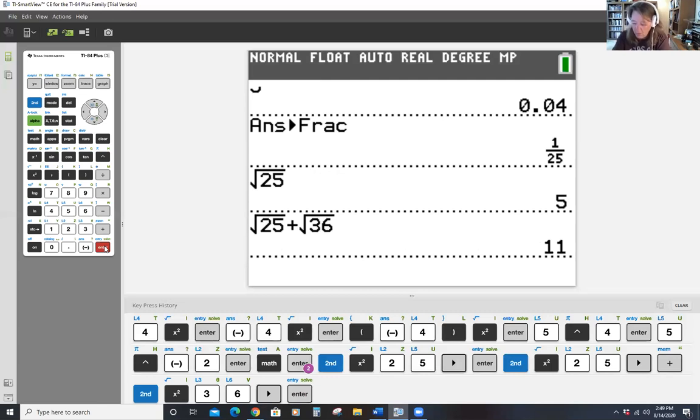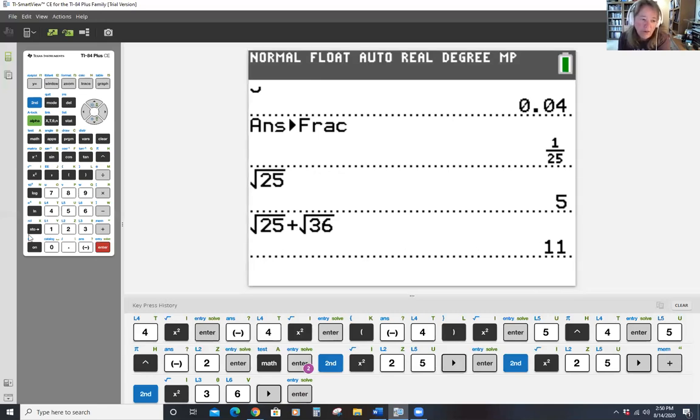So it's a little more complex if you want to do different roots. Let's suppose, if you look on your paper, do you see where it says the cube root of 8? Hopefully everybody already knows that's 2 times 2 times 2. But let's suppose we wanted to do it on the calculator. So cube root of 8, what you're going to have to do is go to a menu.